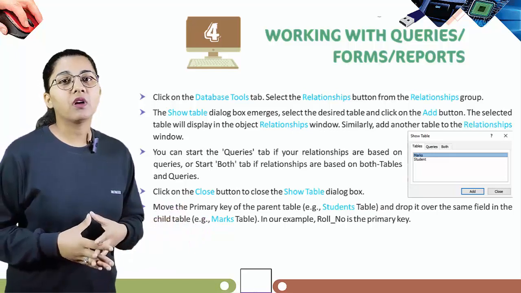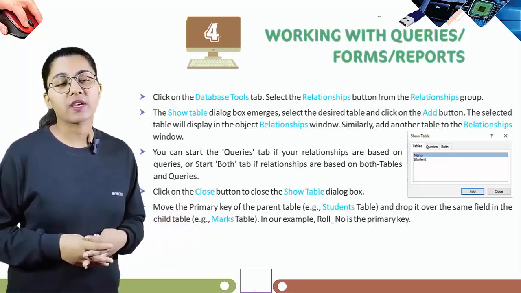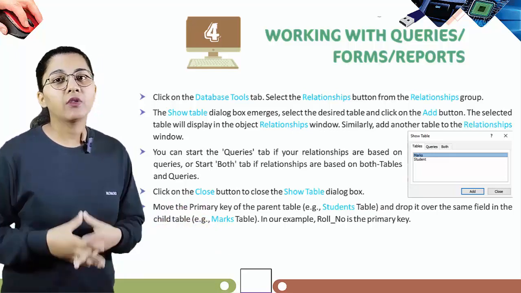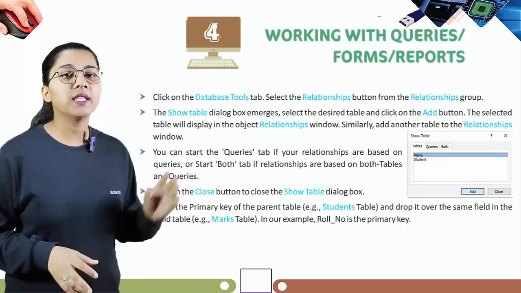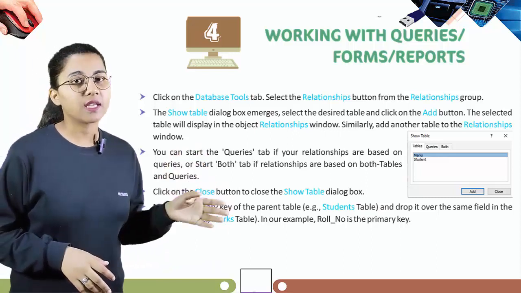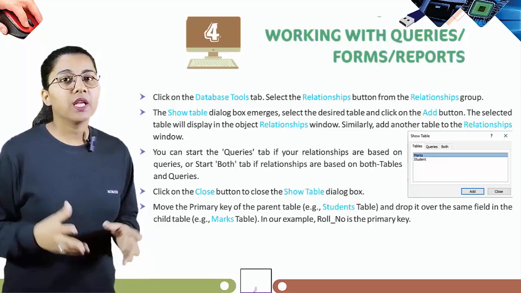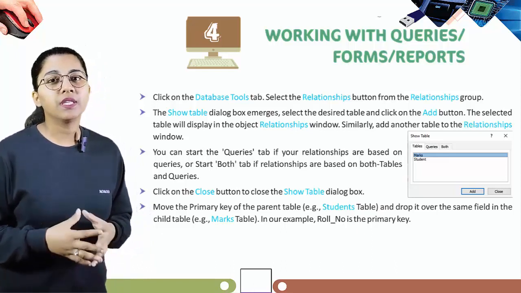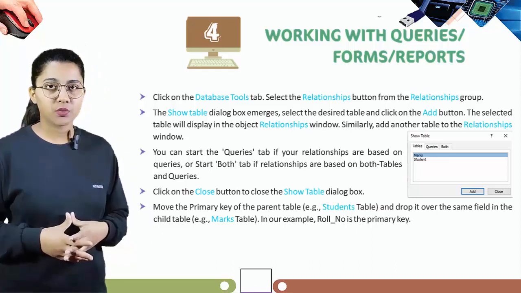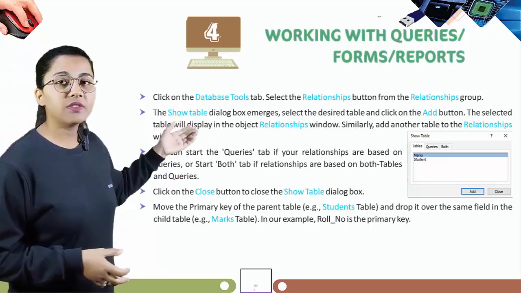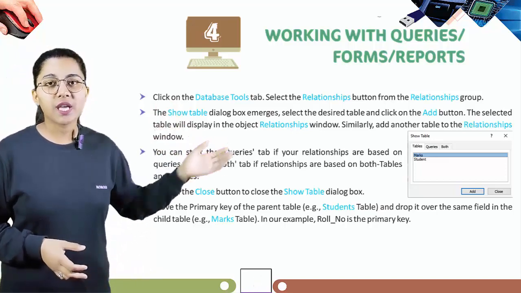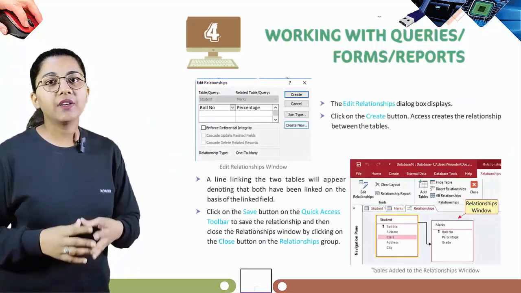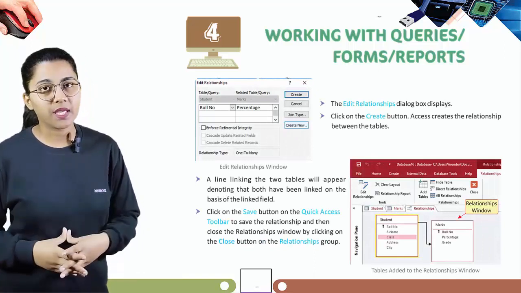Move the primary key of the parent table, for example the student table, and drop it over the same field in the child table, for example the marks table. In our example, roll number is the primary key. So students, here you can see the interfaces along with each step. Now, the Edit Relationships dialog box displays.